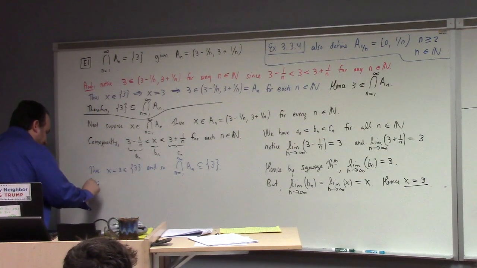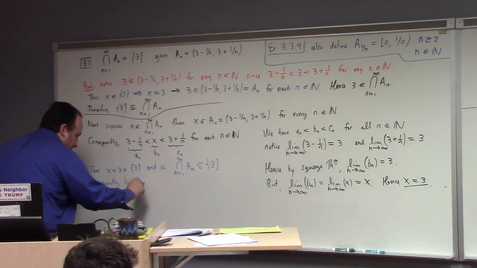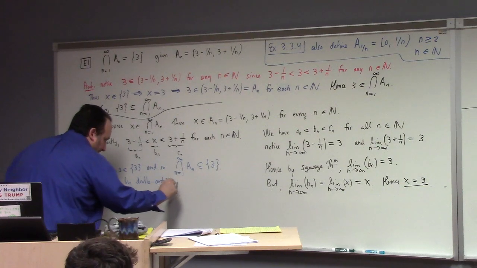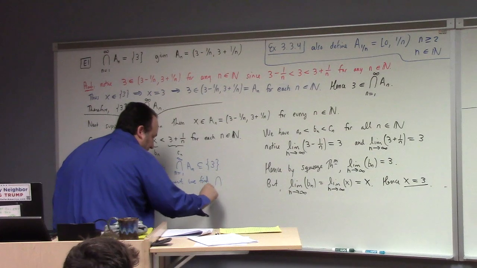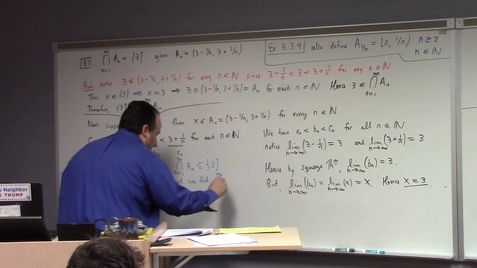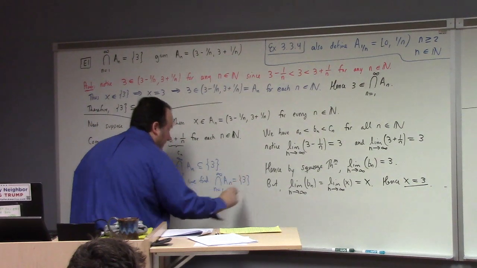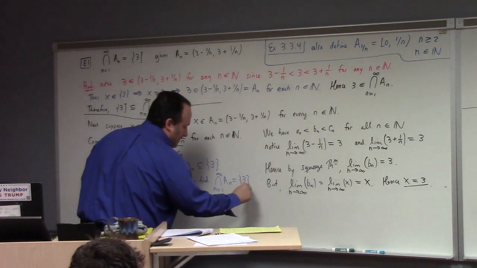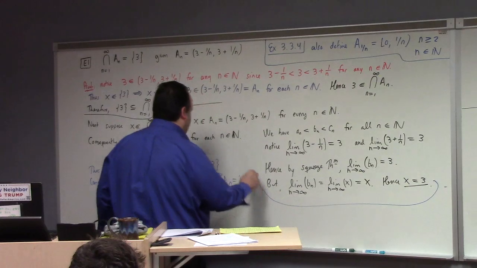Consequently, by double containment, we find that the intersection n equals 1 to infinity of a sub n is just equal to the set containing 3. And there you go. So there was a connector here.